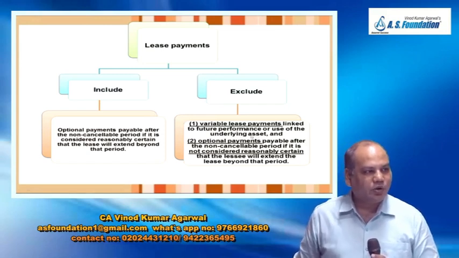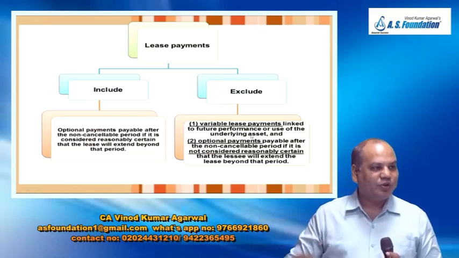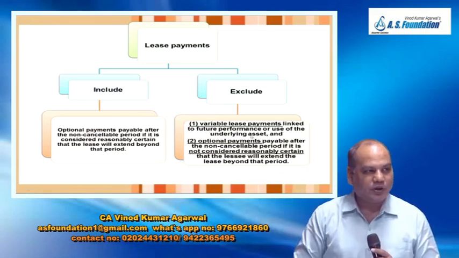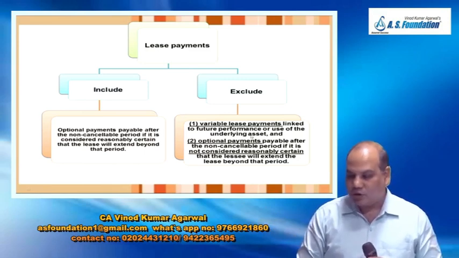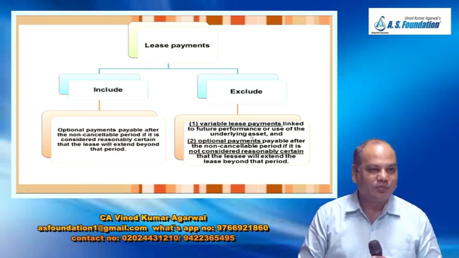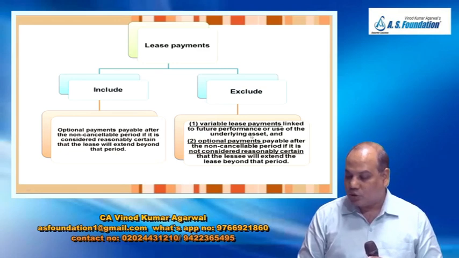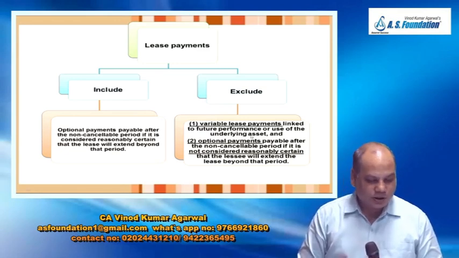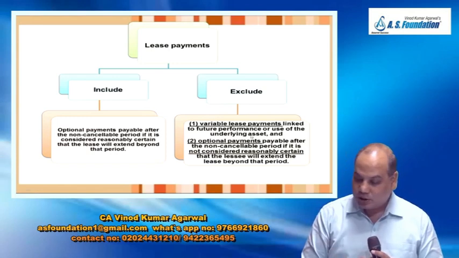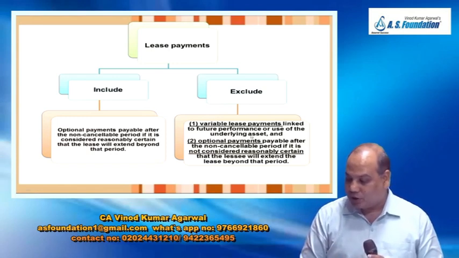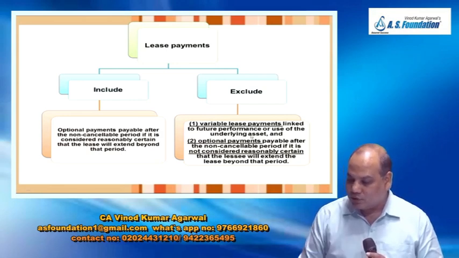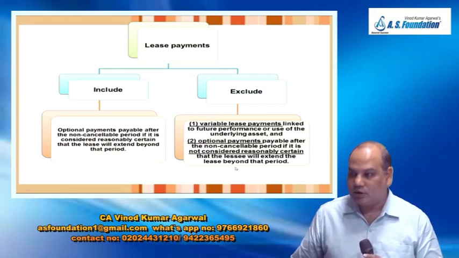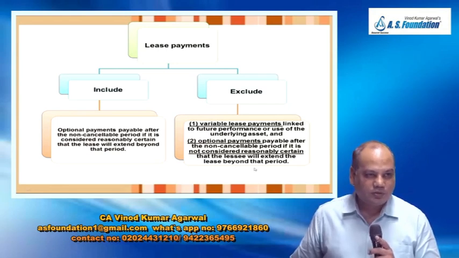In the previous standard they called this contingent rent, which depends on future performance of the asset, like sales into some percentage, or number of hours run into some rate. So those will not be considered. Those were called contingent rent in the previous standard. This standard does not use the term contingent rent. And optional payment payable after the non-cancelable period is excluded if it is not considered reasonably certain that the lessee will extend the lease beyond that period.